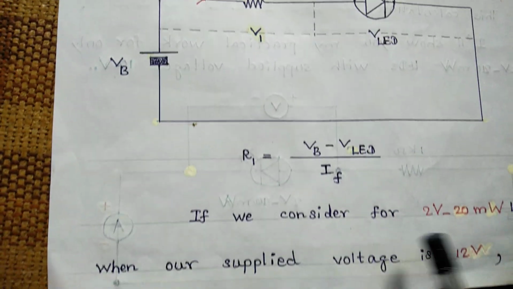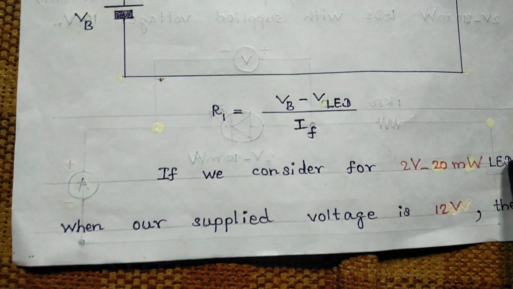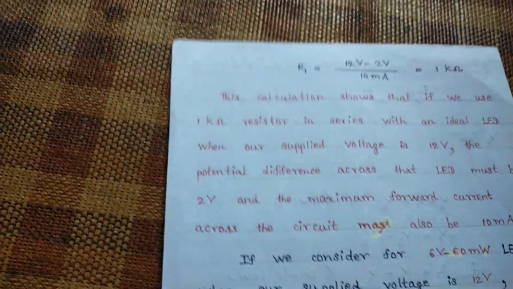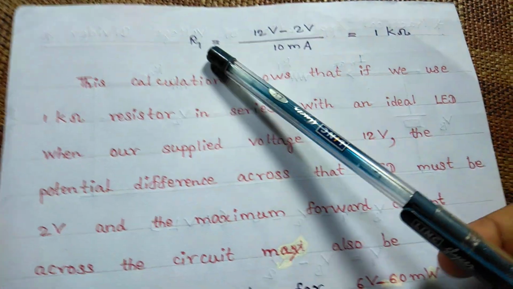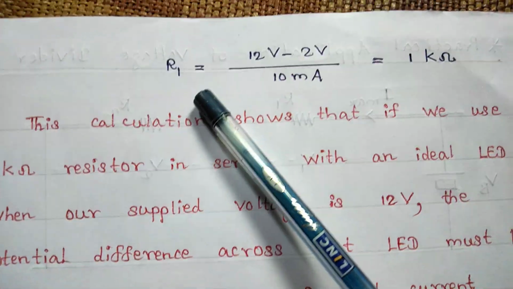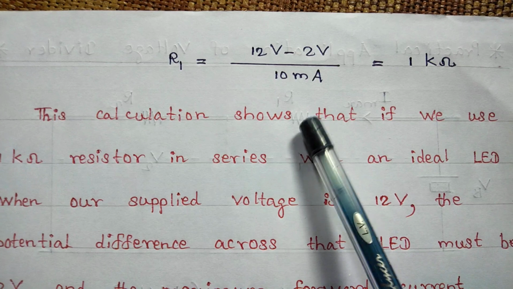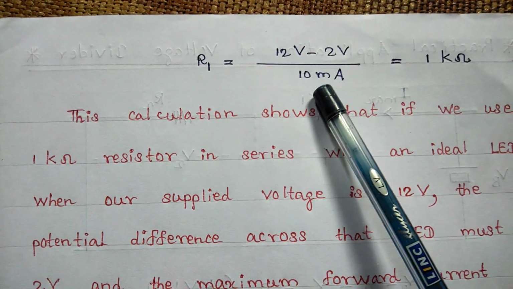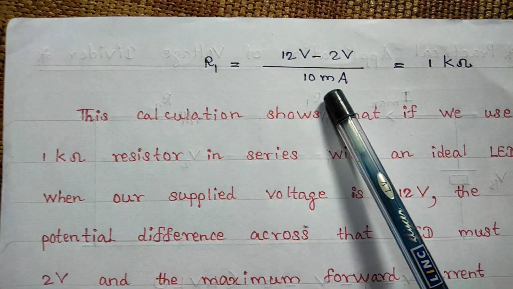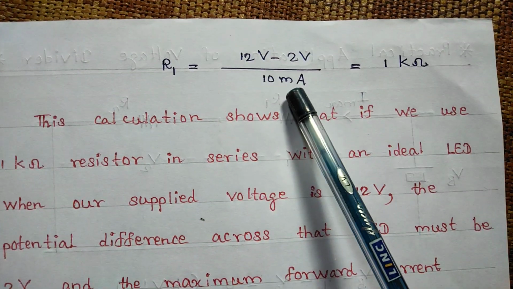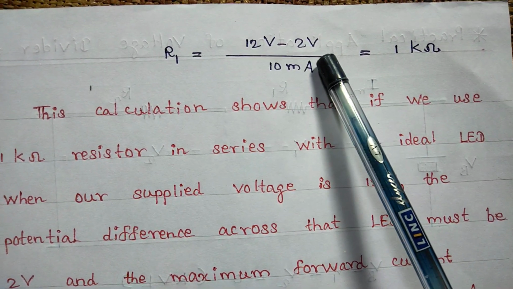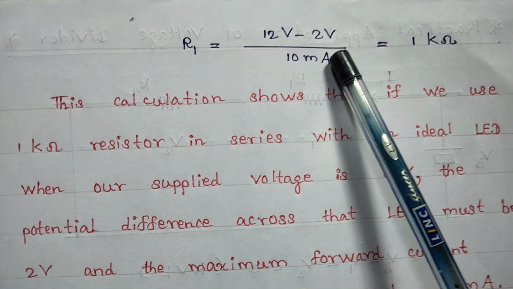If we consider a 2 volt 20 milliwatt LED, when our supply voltage is 12 volts, then we can easily calculate the value of the first resistor R1 like this. R1 is equal to 12 volts minus 2 volts divided by 10 milliamp. This 10 milliamp is the ratio of the LED's power to its potential difference. This 12 volt is the power supply, and this 2 volt is the potential difference across the LED.